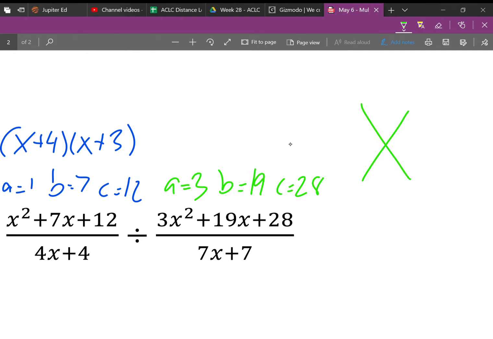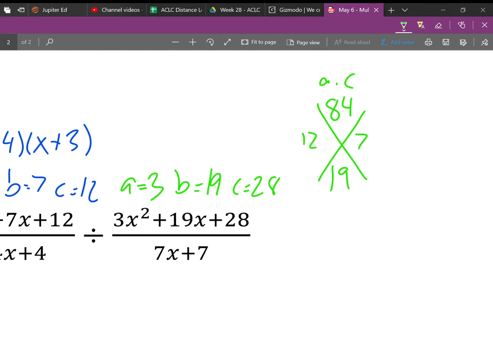My A times C, 28 times 3 is, I believe, 84. And I have 19 on the bottom. Well, what works here is going to be 12 and 7. Now, if A was 1, we'd be done factoring, but it's not 1, so we need to go into the box, right?